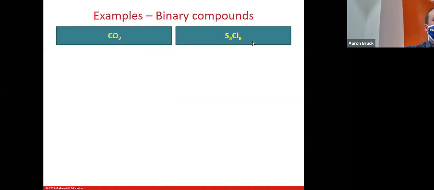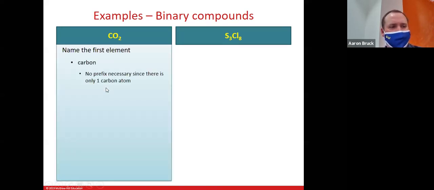Let's look at 2 quick examples and then we'll call it a week. Already talked about the first one, CO2. Again, the naming system here: first element, second element, prefix, prefix and suffix. So for C, we would name it as carbon.